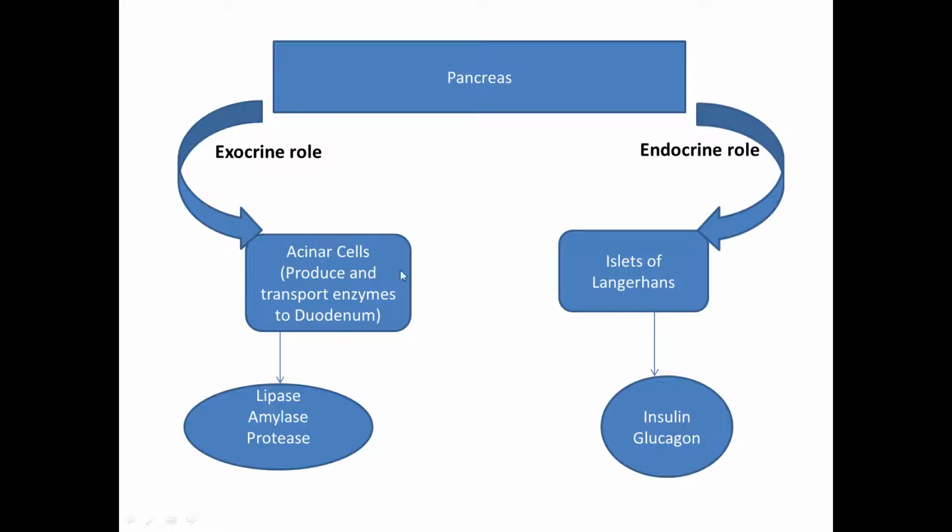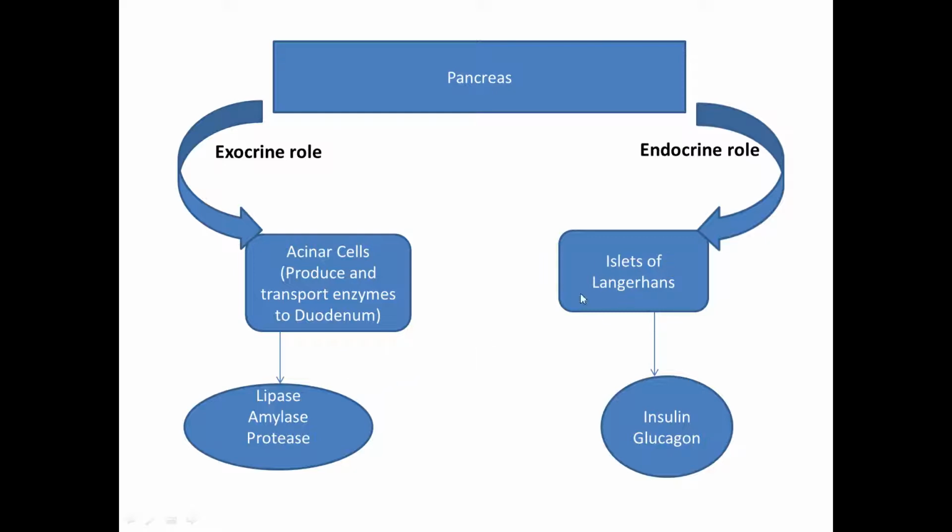So what do these acinar cells produce? They produce lipase, amylase, and protease, which are carried to the duodenum to help in the process of digestion. Remember, when these cells are affected by injuries, their failure to deliver these enzymes to the duodenum brings the consequence of pancreatitis.